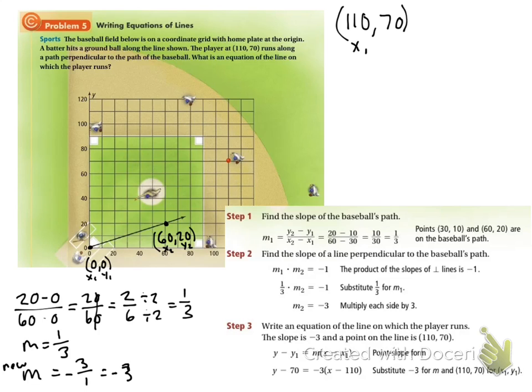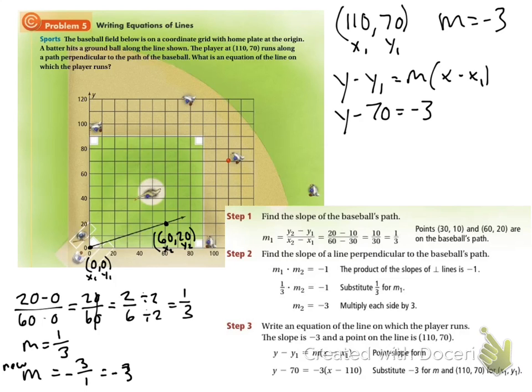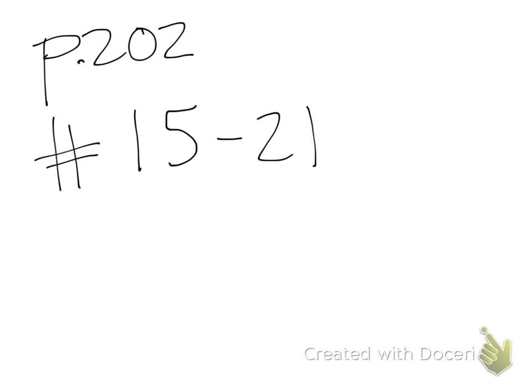So that's my x1, y1. I just found that my slope is negative 3. And I'm going to use my formula to plug into. So y minus 70 is equal to negative 3 times x minus 110. And there would be my equation. And there's your homework.